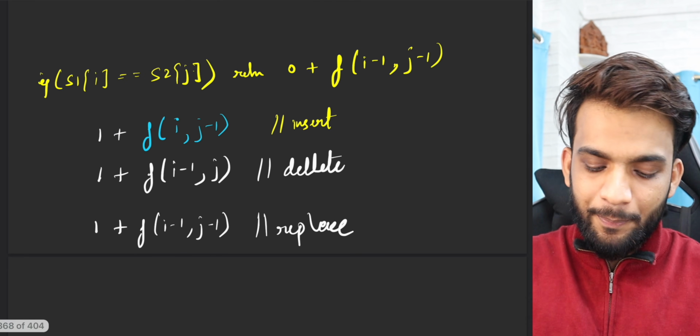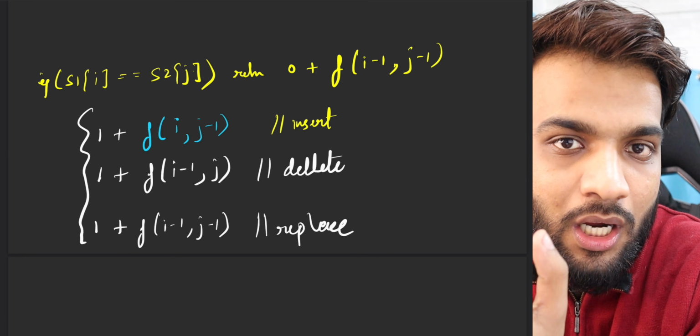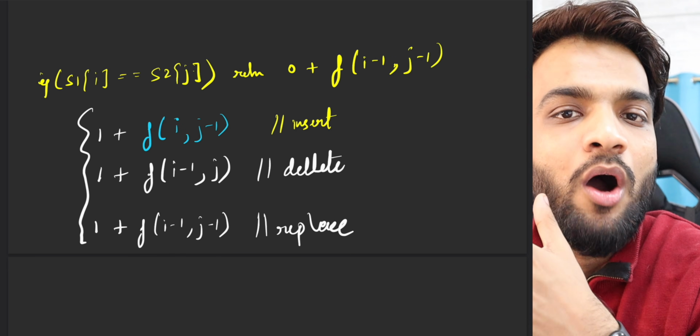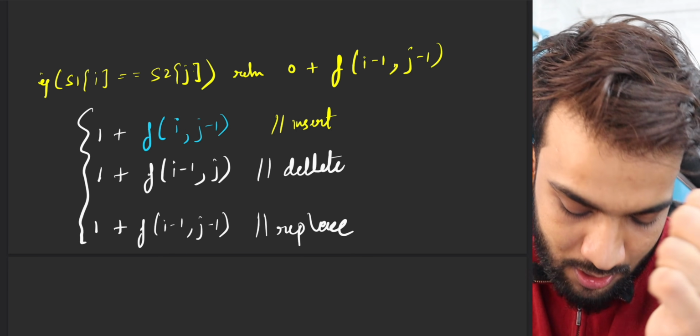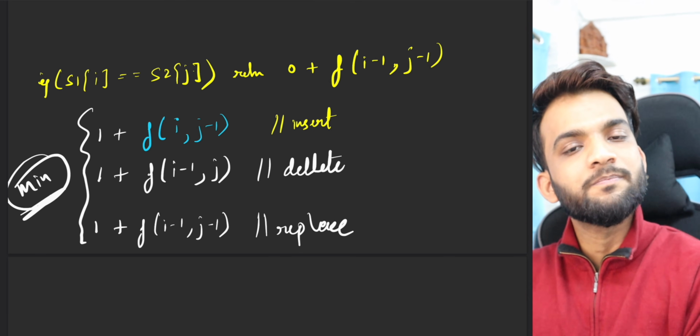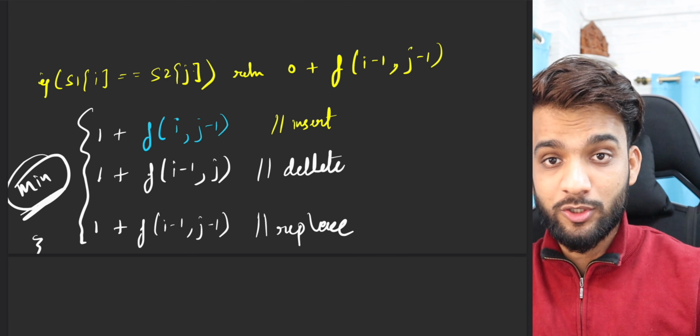So these are the 3 operations that you will encounter if they are not matching. By doing these 3 operations, you will somehow try to match it. After that, you have to take the minimal of all of these 3. And that's how you can write all possibilities.